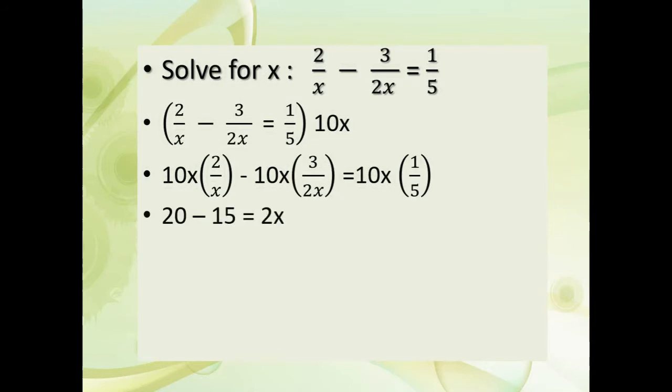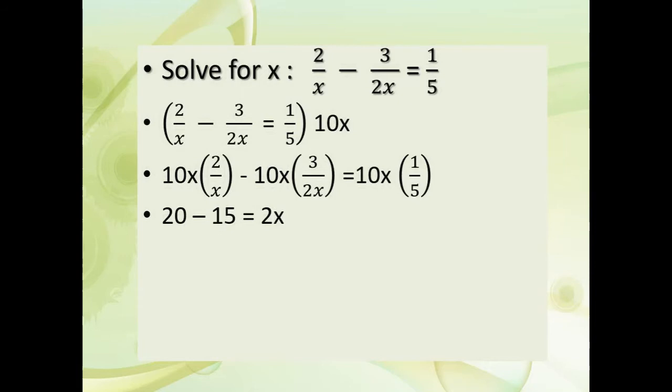10x multiplied by 2 over x results to 20, minus 10x multiplied by 3 over 2x results to 15, since 10 times 3 is 30 divided by 2 is 15. Then you cancel out the x. Then 10x multiplied by 1 over 5 results to 2x, since 10 divided by 5 is 2.